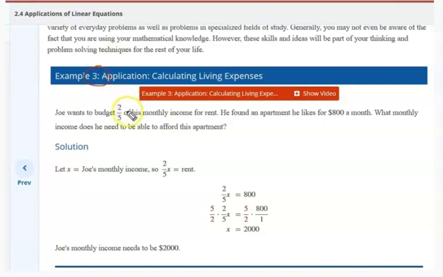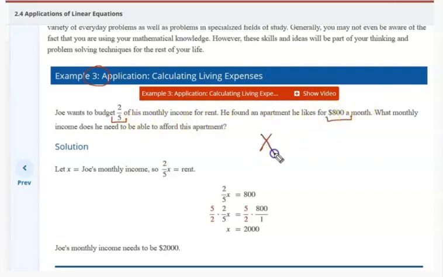This is 3. Joe wants to budget 2/5 of his monthly income for rent. He found that an apartment he likes is $800 a month. What monthly income does he need to be able to afford this apartment? Well, what will be the amount he's going to need?